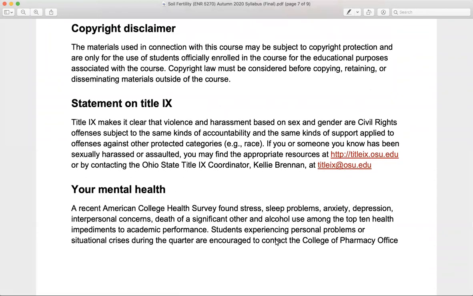Again, we live in very challenging times right now. And of course, there's a lot of news and a lot of things talking about race relations and sexual harassment, et cetera, et cetera. We're not going to have a lot of student-to-student interaction in this class.